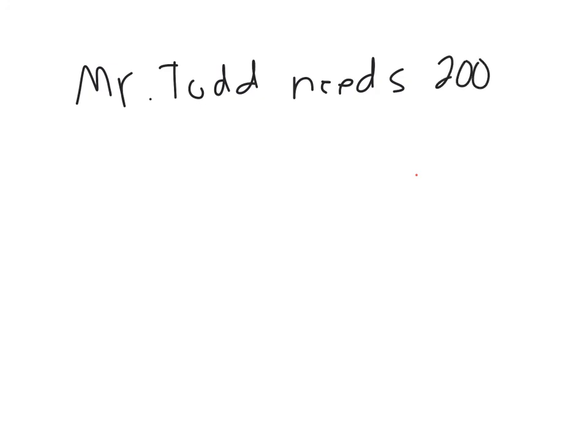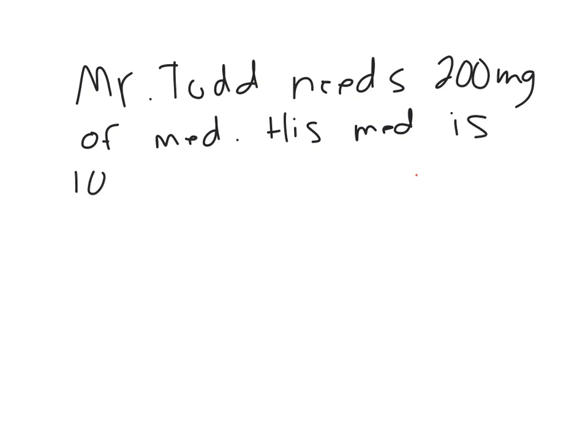So even if it breaks up the question itself, like if I said something like, Mr. Todd needs 200 milligrams of medicine. His medicine is 100 milligrams per every 5 milliliters.